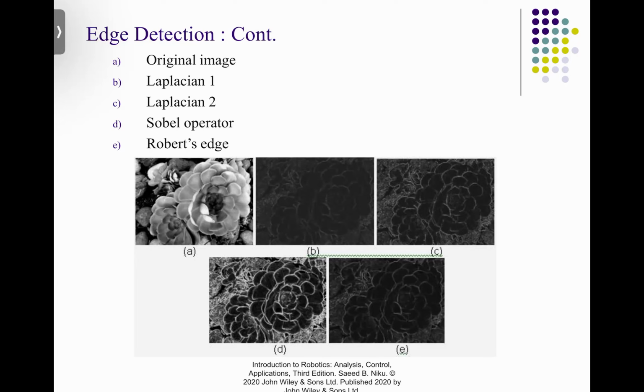So I know that the white region is the edge and the black region is the background. On the other hand, if I use the Sobel mask, then I see a clear differentiation between the black regions and white edges. Everyone understood this?